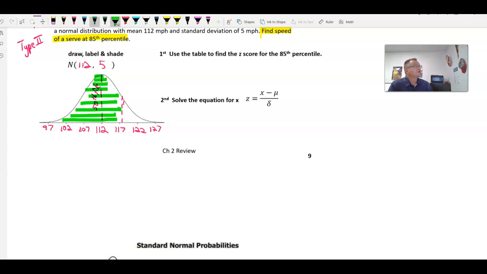Okay, so we find that on our table. We know it's going to be positive because that's more than 50. So I'm going to find the entry closest to that.